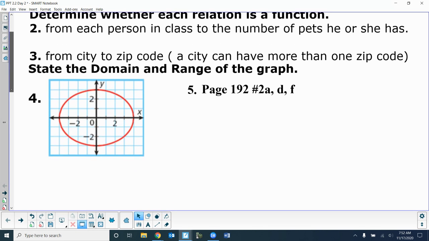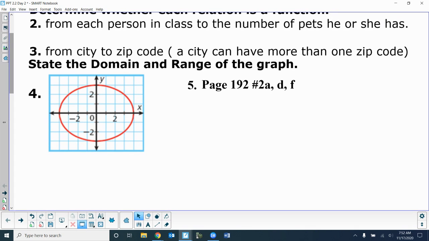How about number 4? What's the domain, Marcus? Four to what? Yeah. So the domain is from -4 to 4.